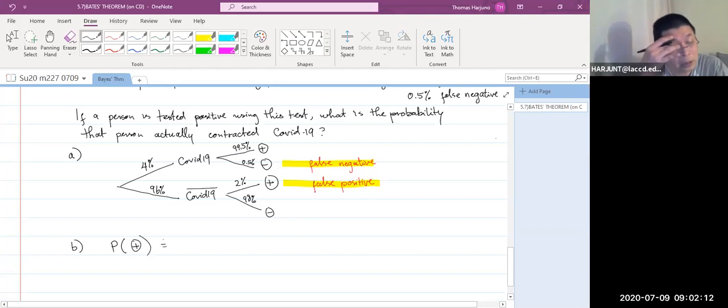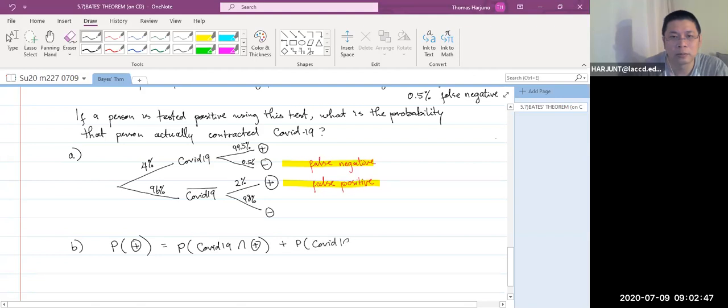If you take the test, not knowing you are positive or negative, not knowing whether you actually have COVID-19 or not, what is the probability you are tested positive? So you may be tested positive while it is actually wrong, just like you may be tested negative while it's actually wrong. Okay, so to be tested positive, either you actually have it and tested positive, plus you don't have it but tested positive.